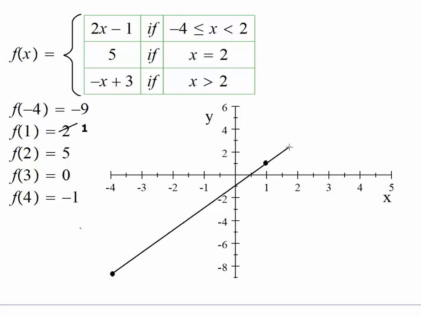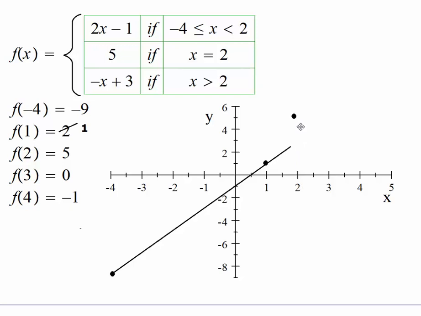And then at 2, we have a change in definition. That is, the function becomes how much at 2? As we saw by definition, f2 is 5.